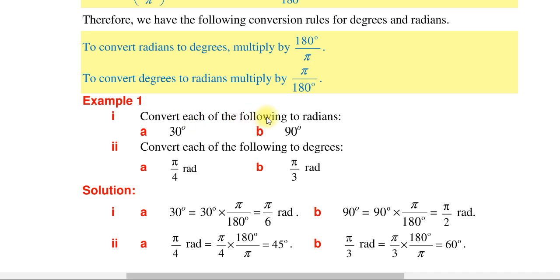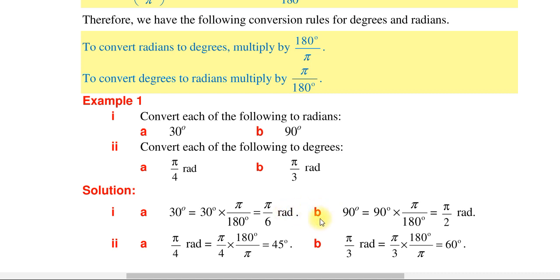Convert each of the following to radians: 30 degrees, 90 degrees. Another one: convert each of the following to degrees. The first is converted to radians, and the second to degrees. Therefore, in the solution, the first, a, 30 degrees, is equal to 30 degrees times pi over 180 degrees, which is pi over 6 rad.